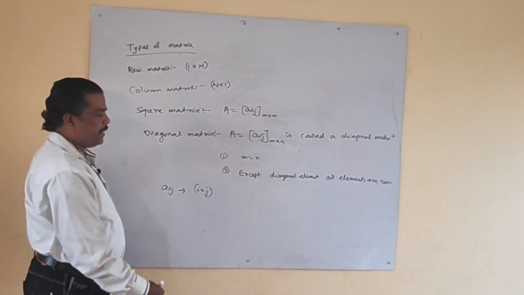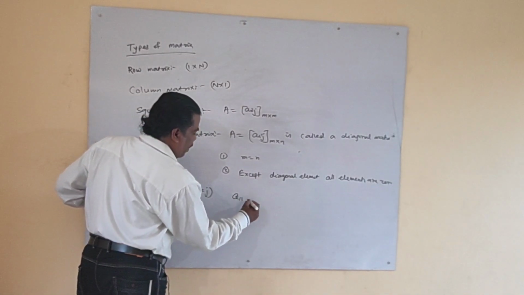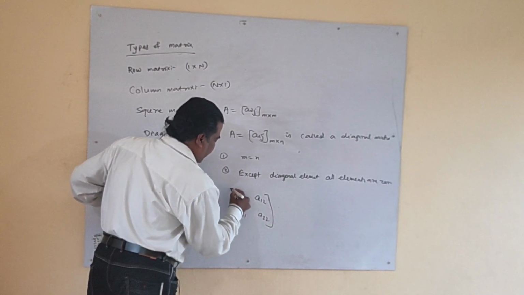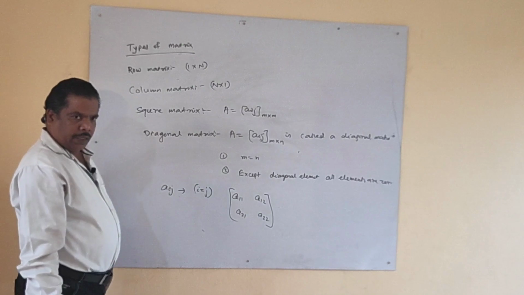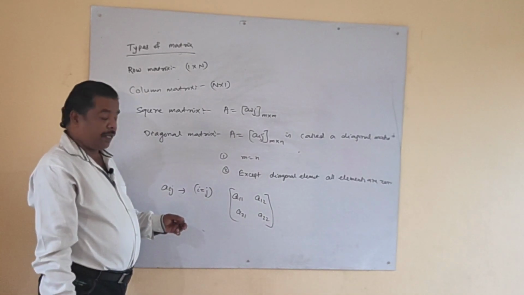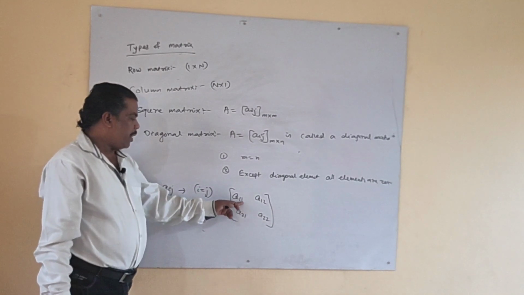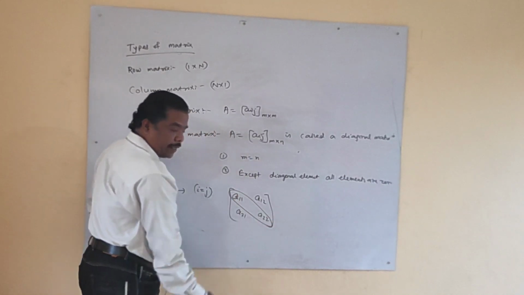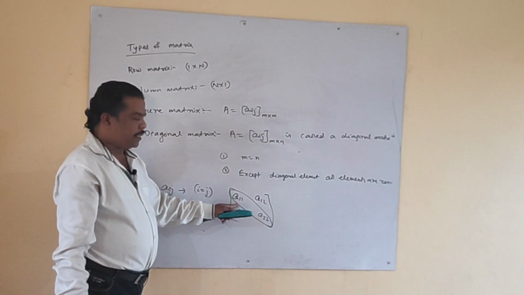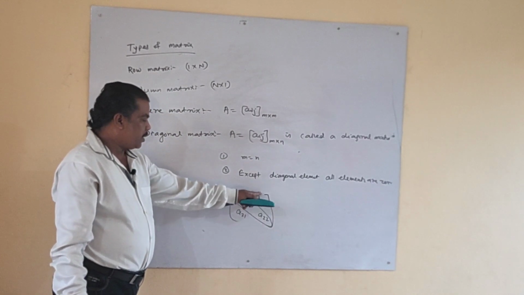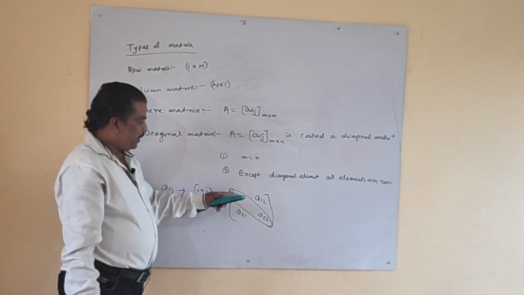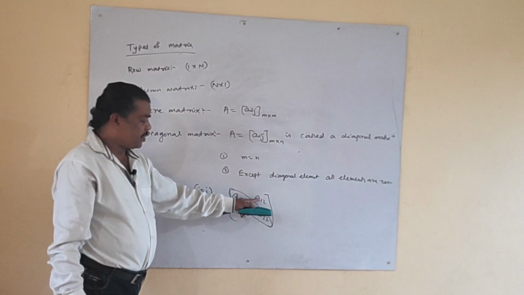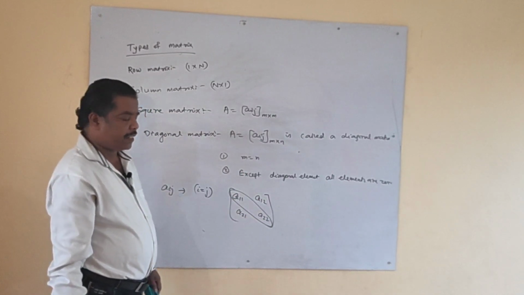In a square matrix, suppose a matrix is A11, A12, A21, A22. It is a square matrix, and the element is called a diagonal element if i is equal to j. So A11, A22 are called diagonal elements. It is the diagonal, right bottom to left top. These are the non-diagonal elements. So in a square matrix, if all elements except the diagonal elements are 0, it is called a diagonal matrix.